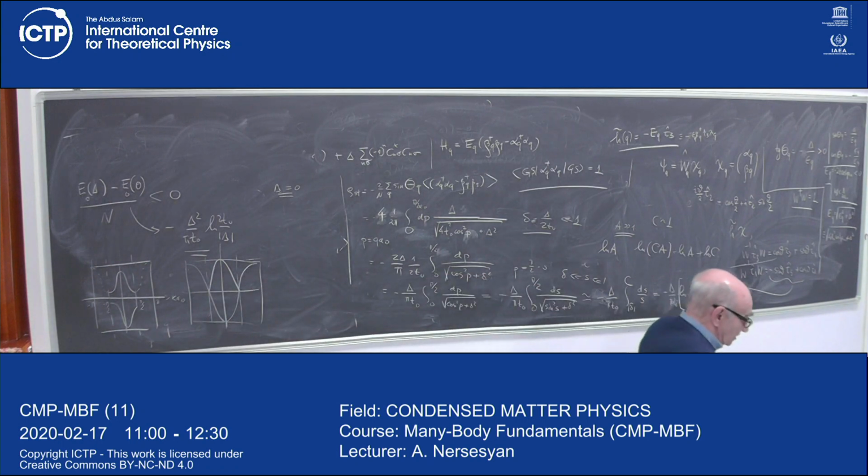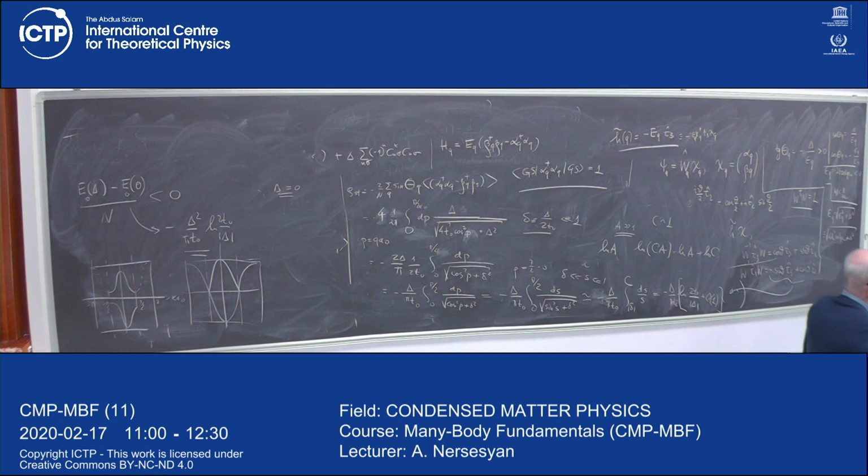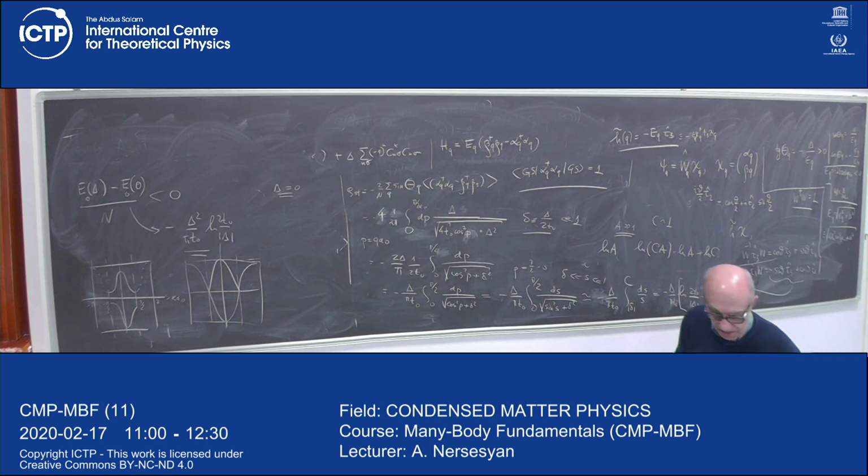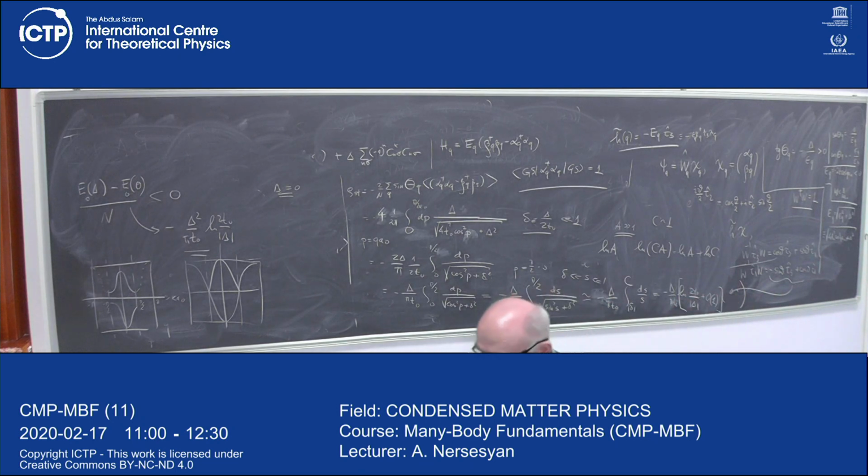And interestingly enough, this is an extremely universal formula, but maybe I have to say a few words about it. You might ask the following question: what would happen if instead of a band insulator, which is a typical example, I had considered a one-dimensional model of a superconductor?